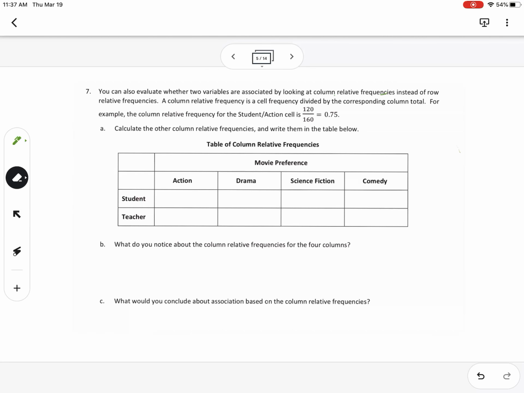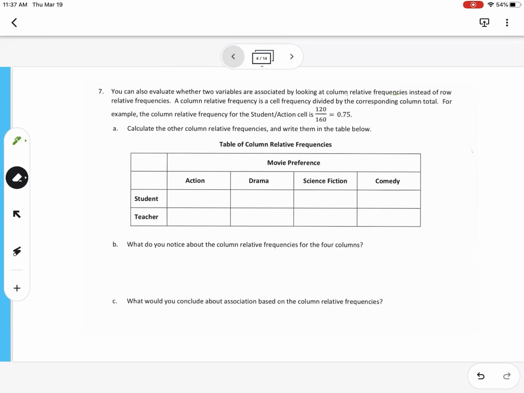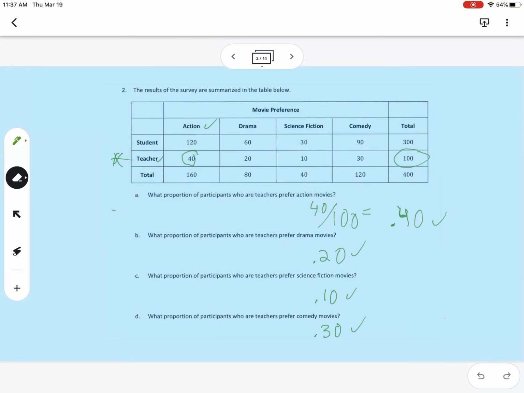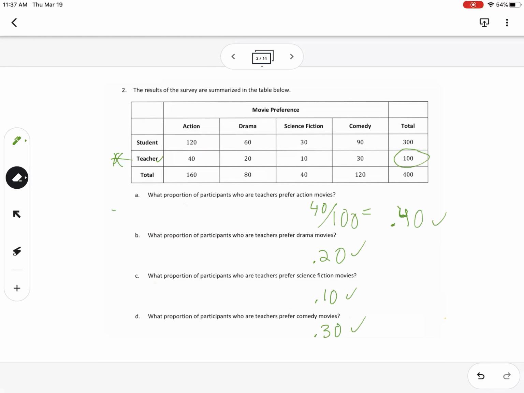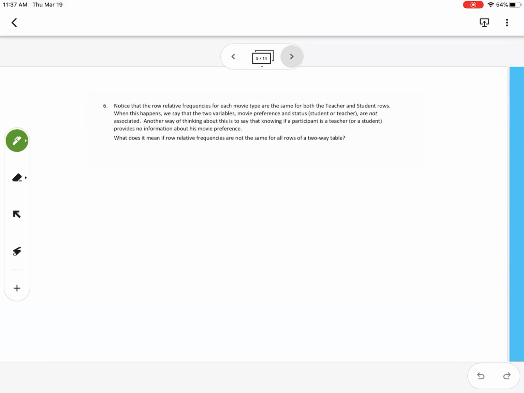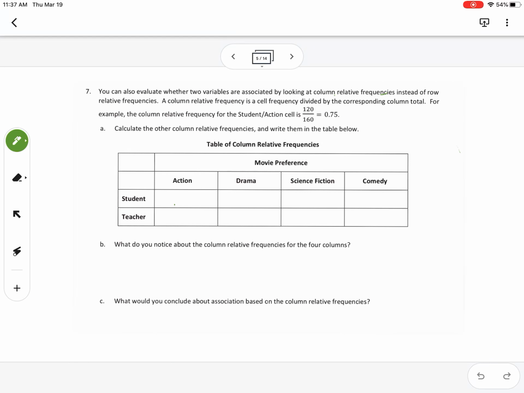They looked at students, they looked at action, and they did 120 students that like action divided by the total people that like action. So that's how they did that first calculation. And when they did it, they got 0.75.